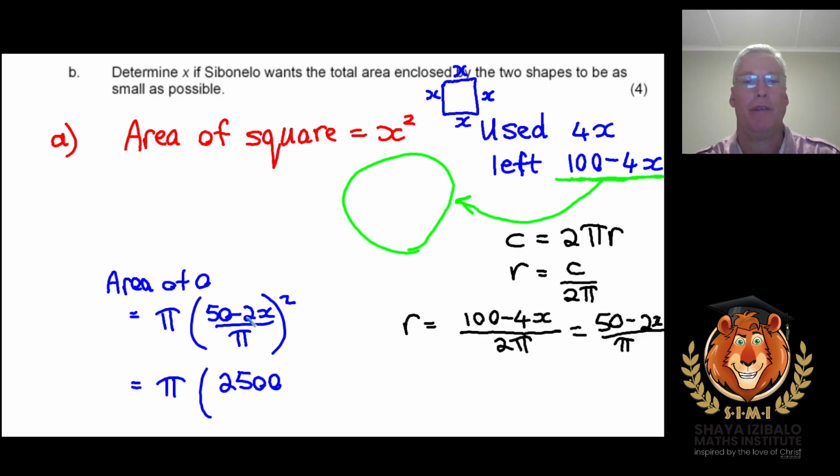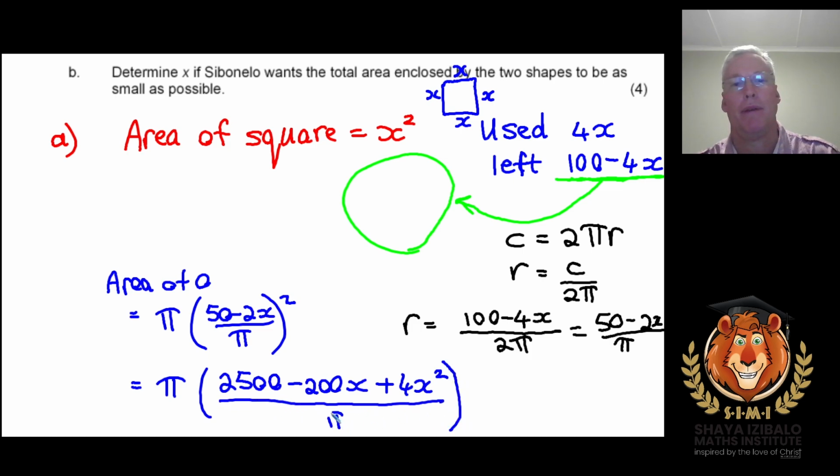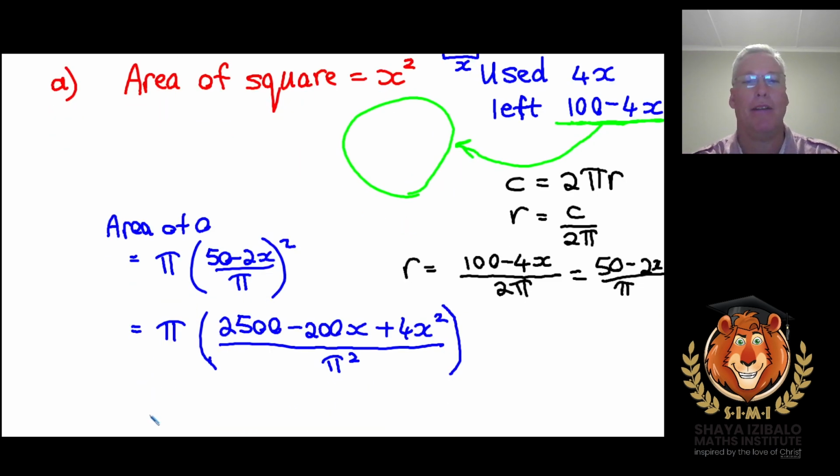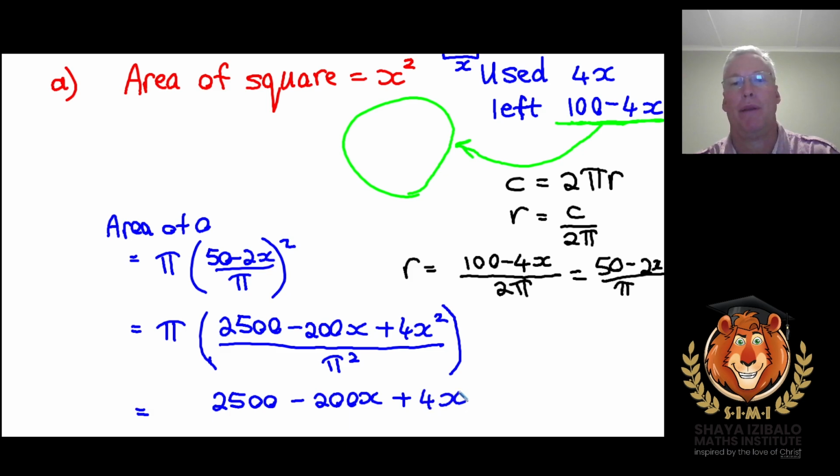That times that doubled, so minus 100, in fact minus 200x, plus 4x squared over pi squared, right? And then the last little bit of simplification here is that one of the pi's will divide with one of the pi's in the denominator. So we're going to get 2500 minus 200x plus 4x squared over pi.